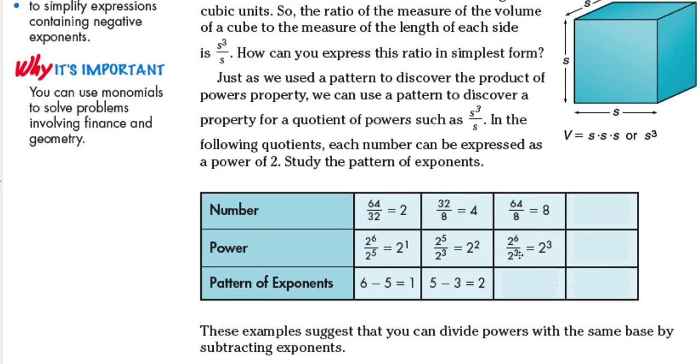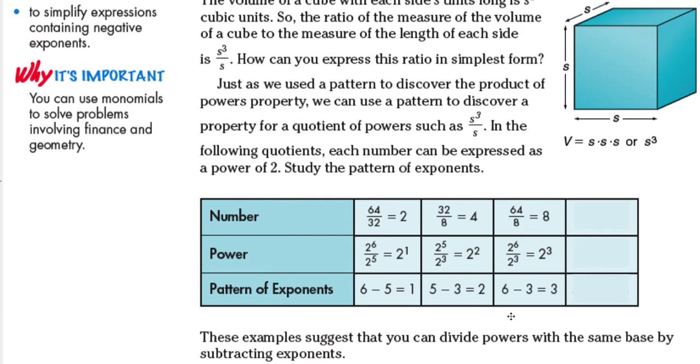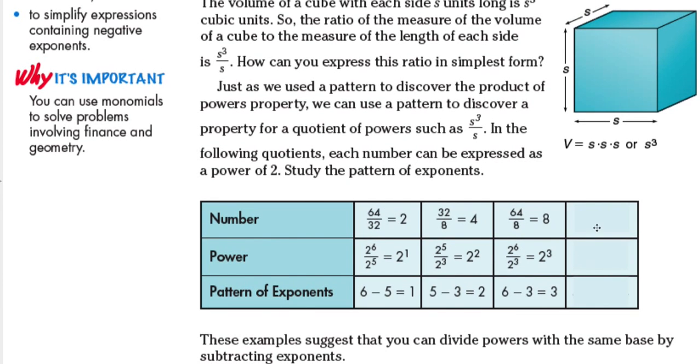If you notice, we simply subtracted 3 from 6 to give us 3. And let's take a look at the last example, which is 32 over 2 is 16. 32 is 2 to the 5th power, 2 is 2 to the 1st power, 16 is 2 to the 4th power. Again, this is simply 5 minus 1 equals 4.